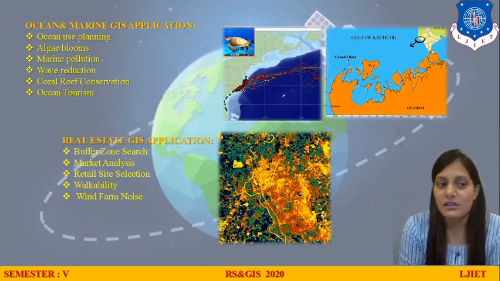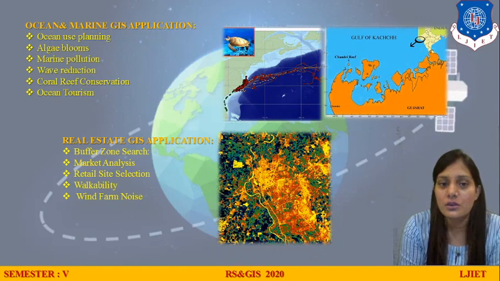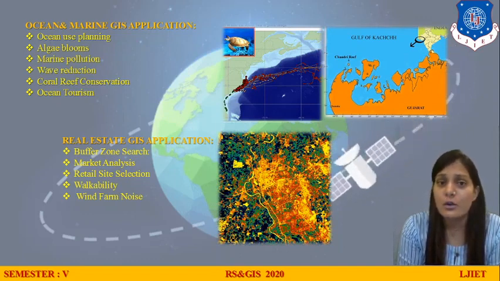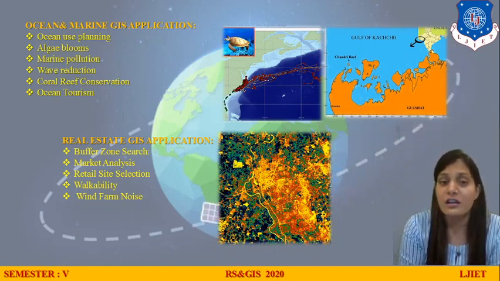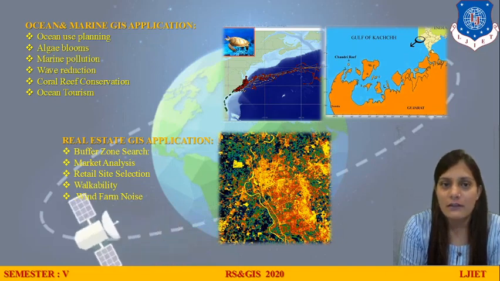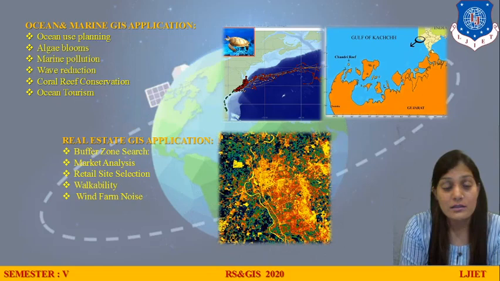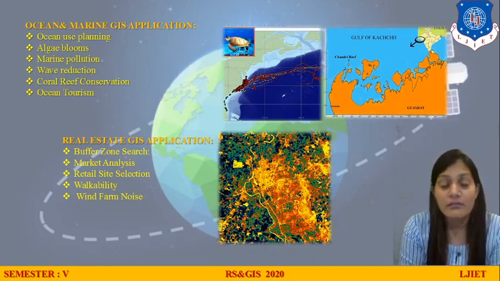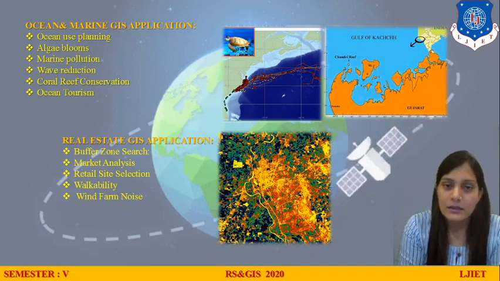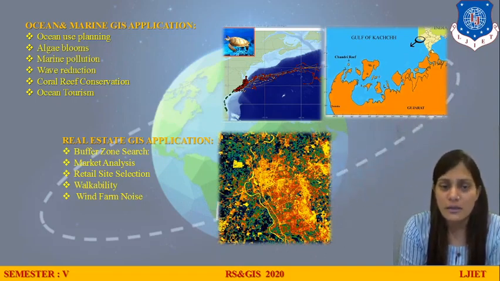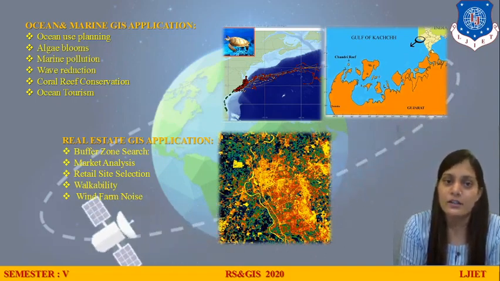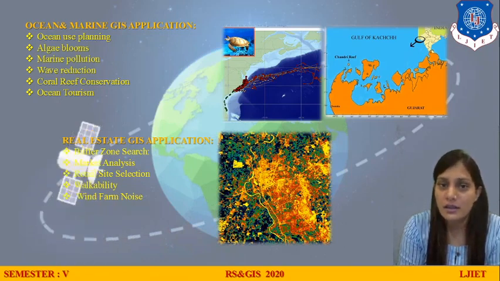You can see the wave reduction, coral reef conservation, ocean tourism. You all know that we have many underwater activities going on in different countries, but how is it possible? How can it be helpful to us? Yes, GIS is a good tool that can help us with wave reduction. There are mathematical tools and terminologies which we can use, but we need to go in depth and see how wave reduction can be done, right?